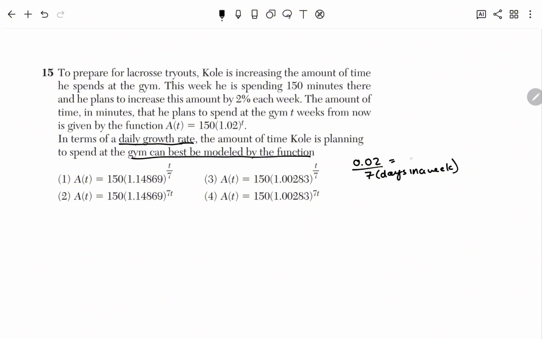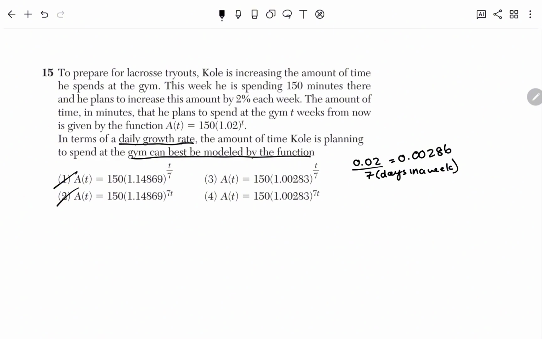And I'm going to get an answer of 0.00286.